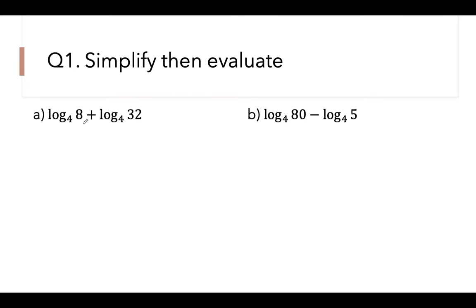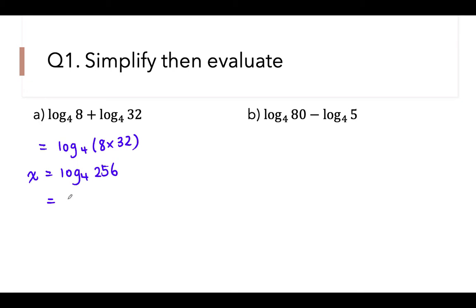First we have addition with the same base. So we can put it together using the product law. So log base 4 of 8 times 32. So it's log base 4 of 256. Think of it this way: there's an imaginary x.